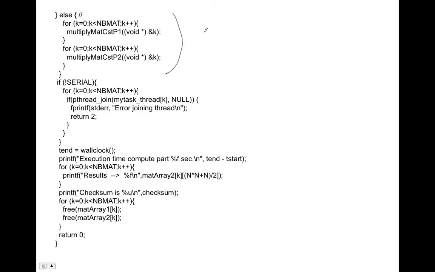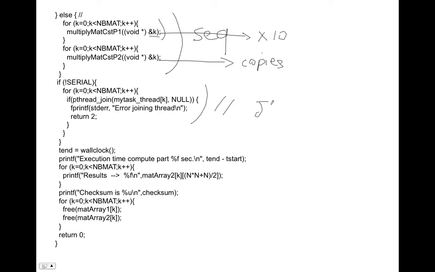Here I have the sequential part. On each matrix I apply this computation, and then I apply this one. This one, we will see, multiplies each array by 10, and this one just does a copy. And then if I am in parallel, I have a join operation here of all the threads.